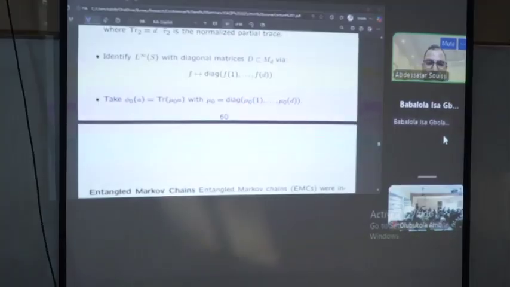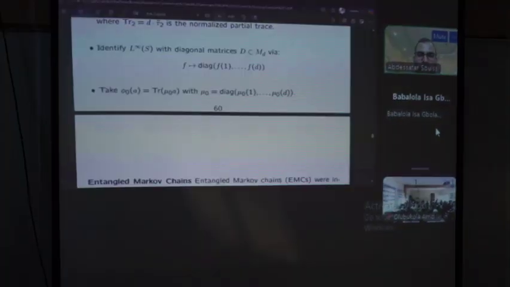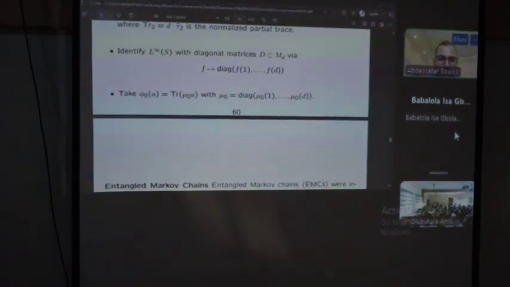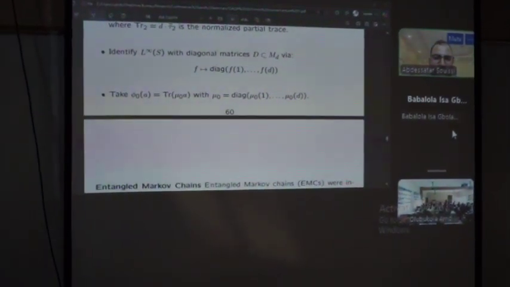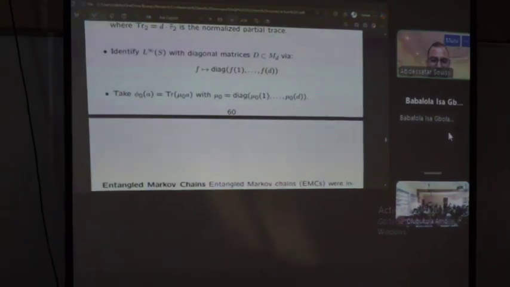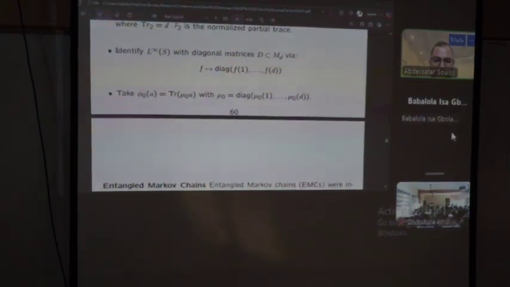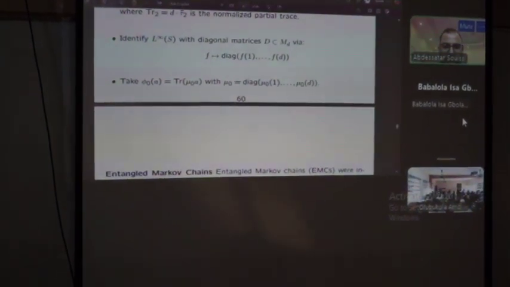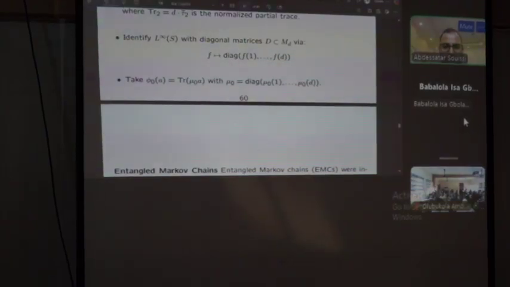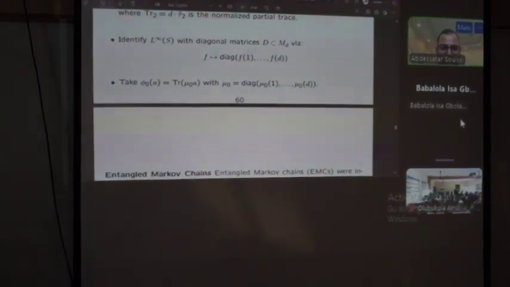So the topology on the full system, which is the infinite product of matrix algebras, in the convergence of the sequence phi, we use the weak star topology, which in this case coincides with the usual norm topology.